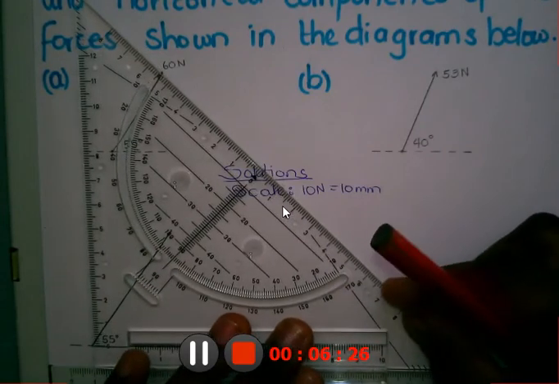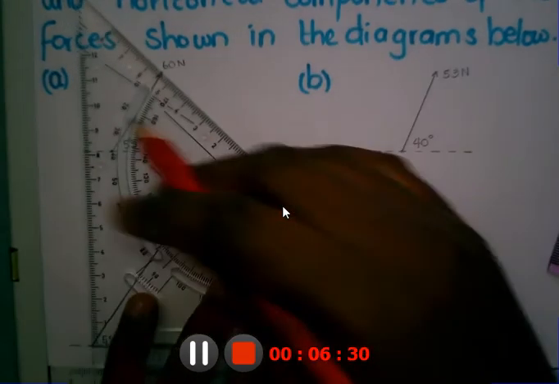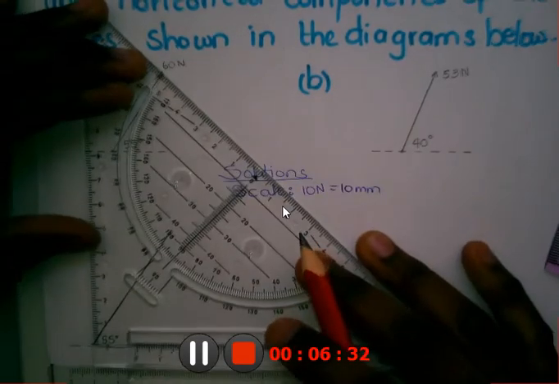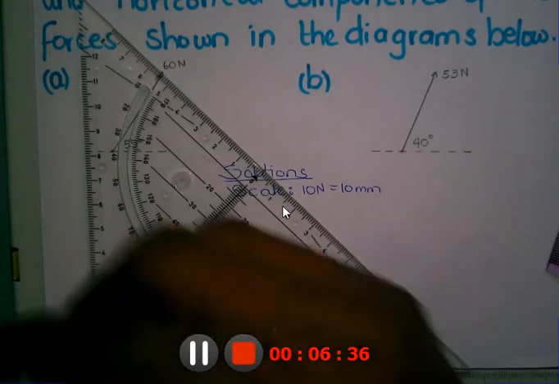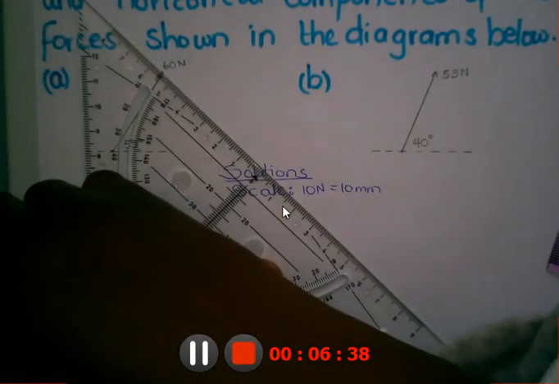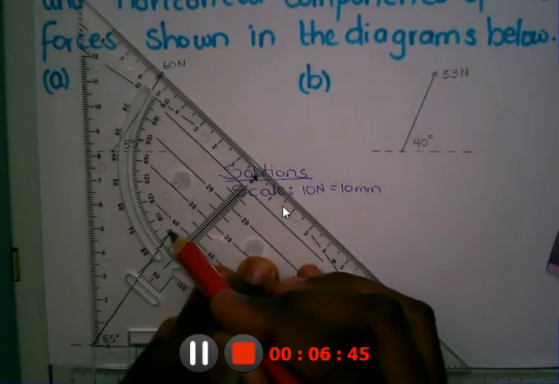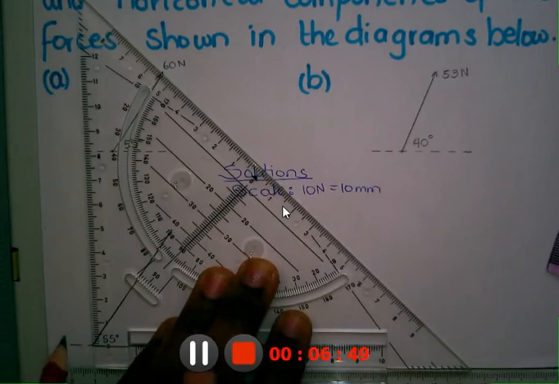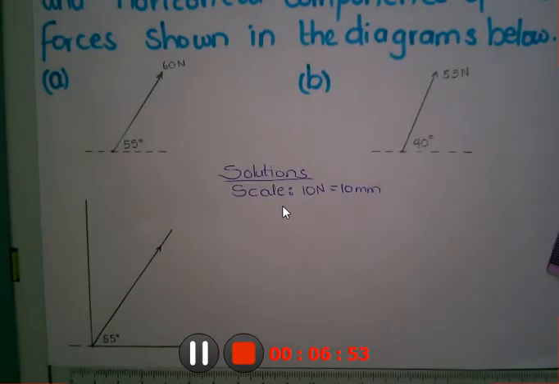Then you can also draw your vertical component on this side, ensuring that it's a 90-degree line, and it will just pass the top of your 60 newton line. We just want to pass that line, and there you have it.